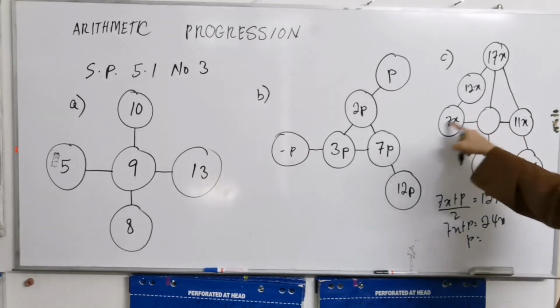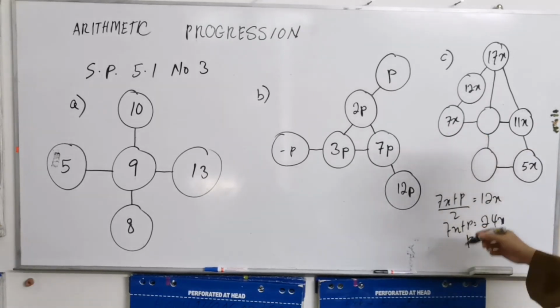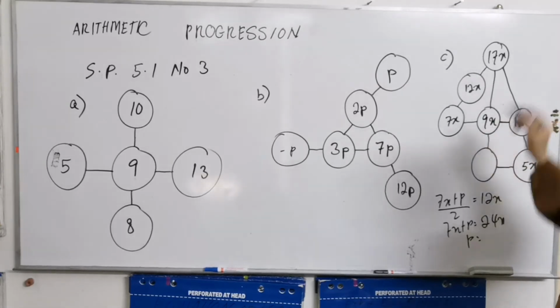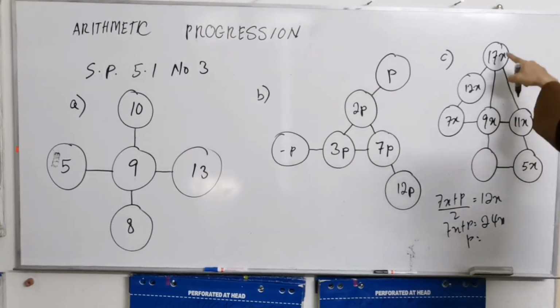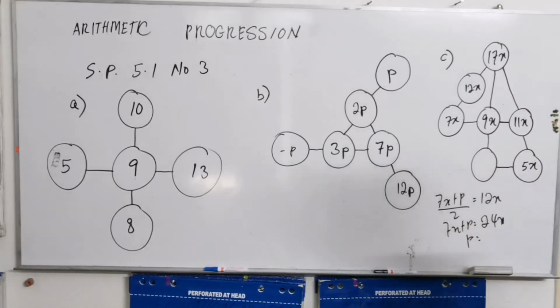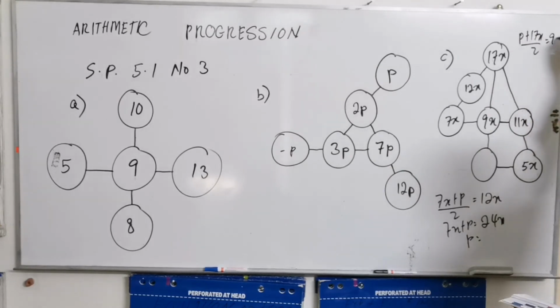And then here is the middle between these two values. 7 plus 11 will be 18. 18 divided by 2, you get 9x. So 9x is also in the middle between 17 and something here. What? p plus 17 over 2 equals 9x. So you get 18x here.